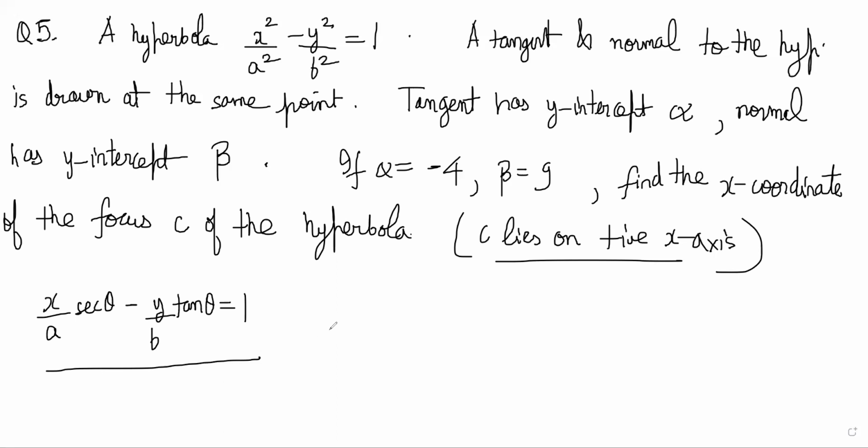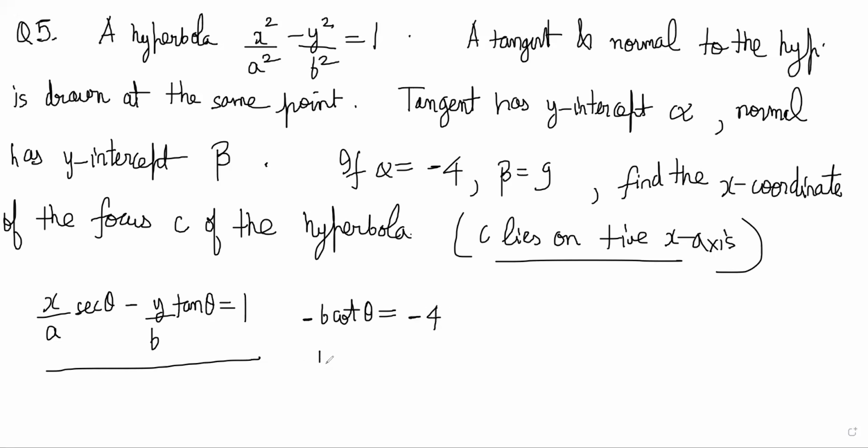So you put x is equal to 0 for the y-intercept. The y-intercept is when you put x is equal to 0. So it's minus b cot theta is -4.